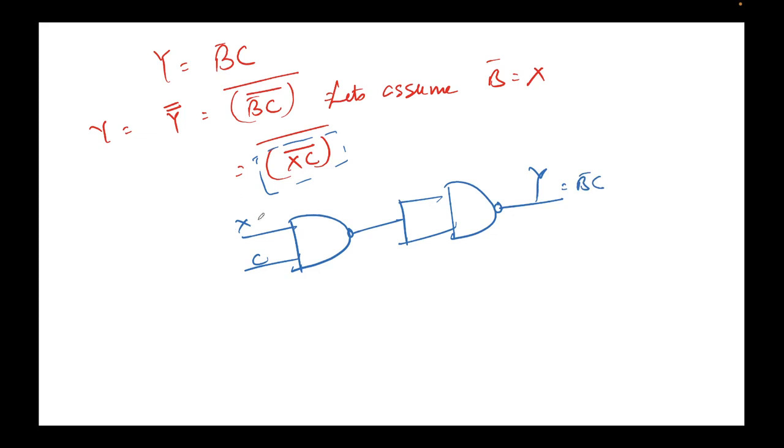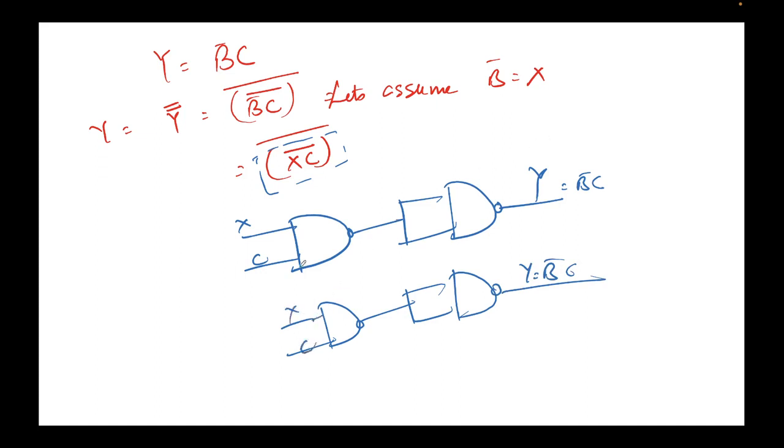But note, we were not given X, we were given some B. So I can say X is equal to B bar. So in place of X, this circuit remains the same, Y equal to B bar C. This was X, this was C. Now X is nothing but B bar.